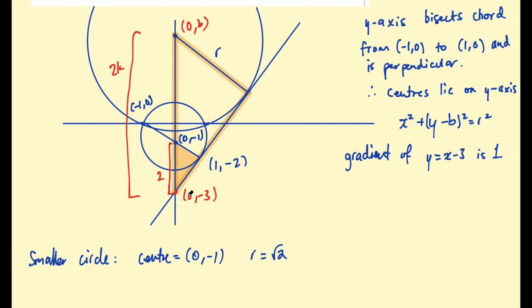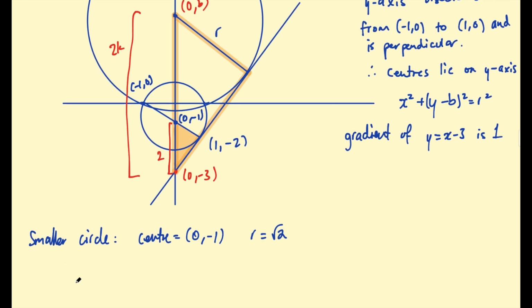From -3 to 0, that's a length of 3. That entire length is 2k, so we take that 3 off to find the y coordinate of the center. So for the larger circle, we have the center of 2k take 3, and we have the radius, some multiple of the radius of the smaller circle, so k √2.